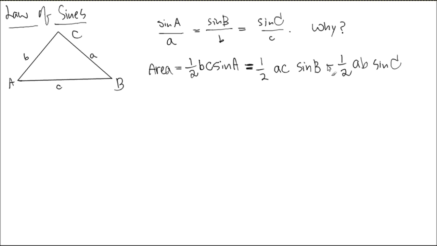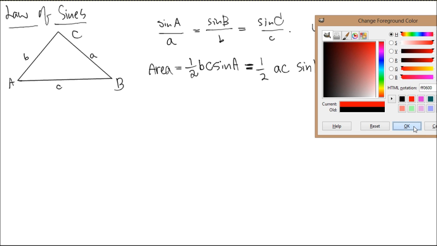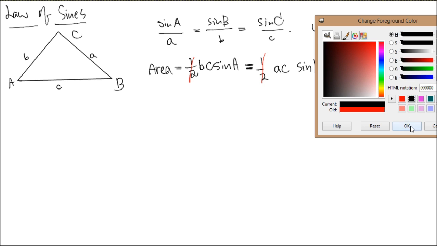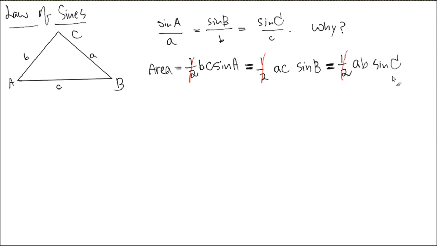So we understood why these three things are equal to each other. Now, that's one thing. Then we have 1/2 as a common occurrence here, so you can cancel it everywhere. Is that right? Then we're pretty good. We have sine A and sine B and sine C showing up. Looks a lot like the law.